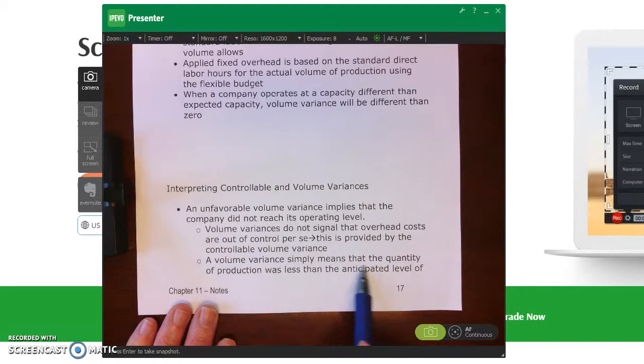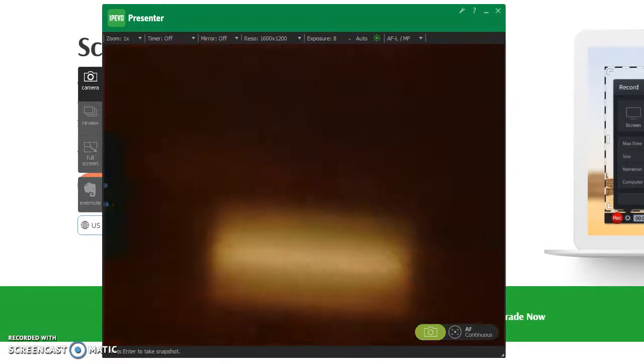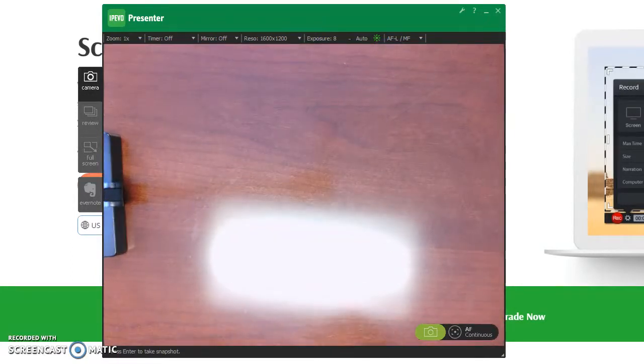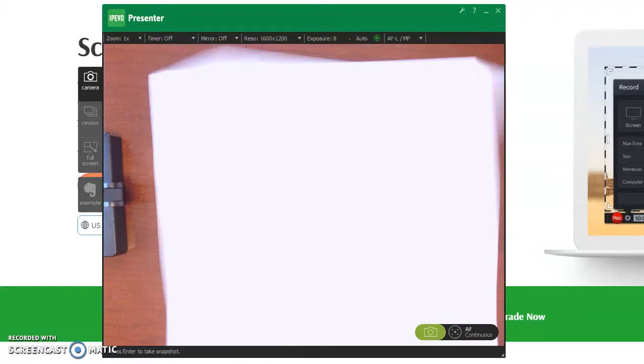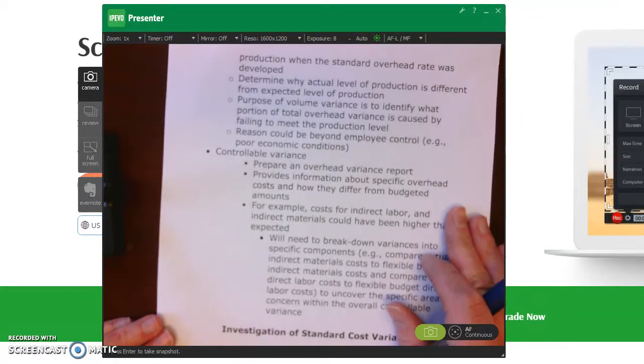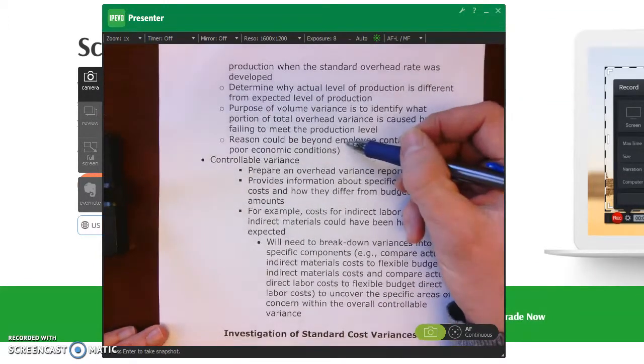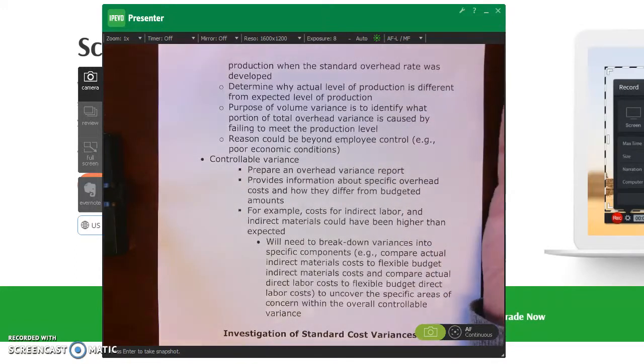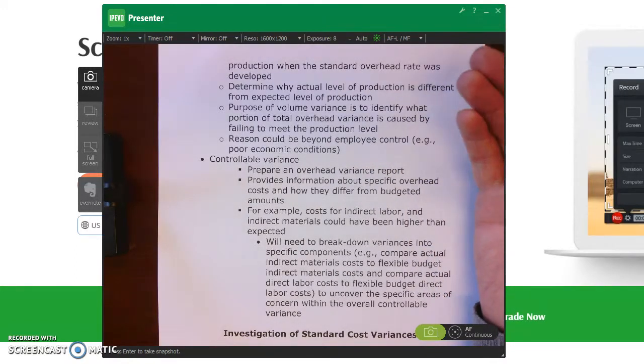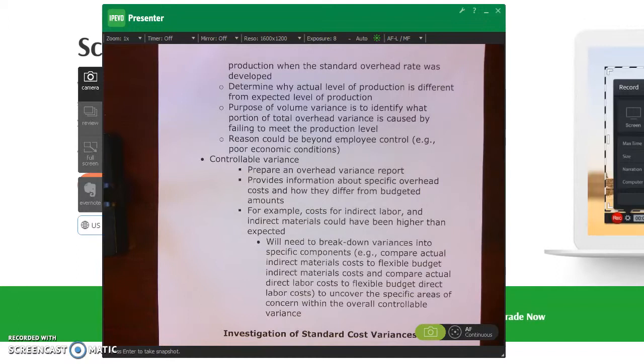That simply means that the quantity of production was less than the anticipated level of production. So we would want to figure out why we operated below plan. Maybe there is a drop in demand for our products, or it could have been poor economic conditions, something else perhaps outside employee control that caused that.